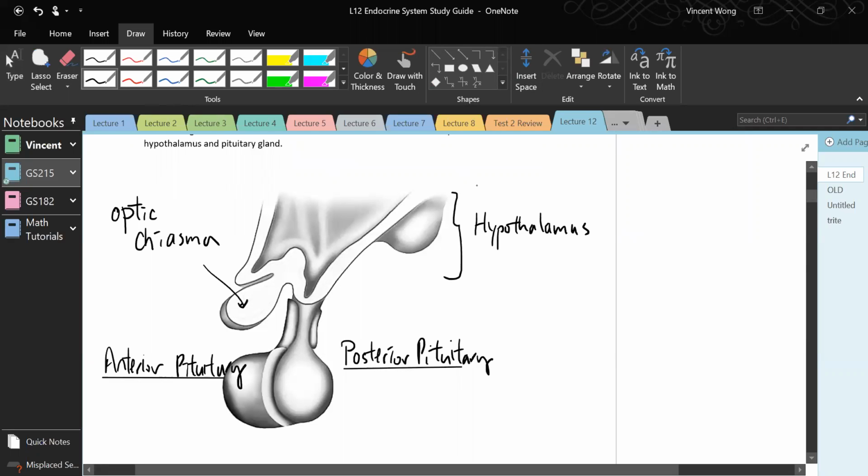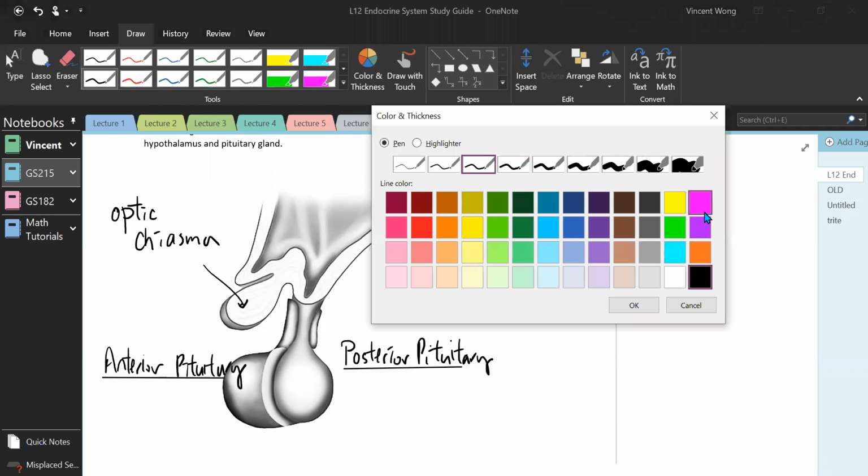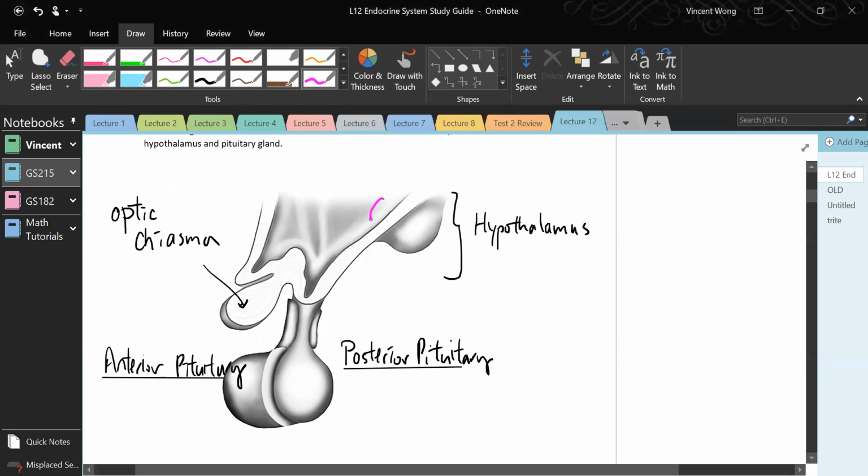And what's happening is, I told you last class that you will have a group of neurons that start in the hypothalamus, and they would extend their axon into the posterior pituitary gland. So the hypothalamus is physically connected to the posterior pituitary gland with these neurons.